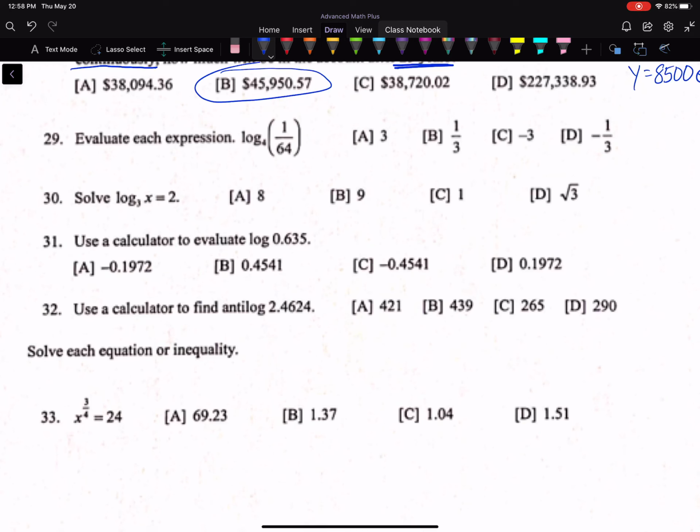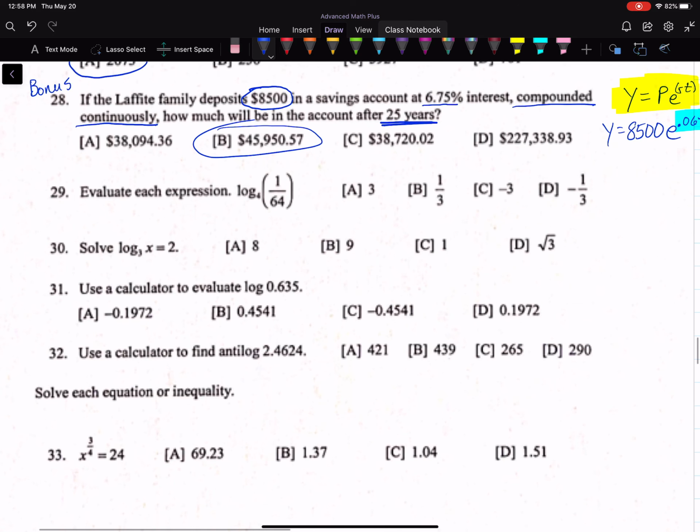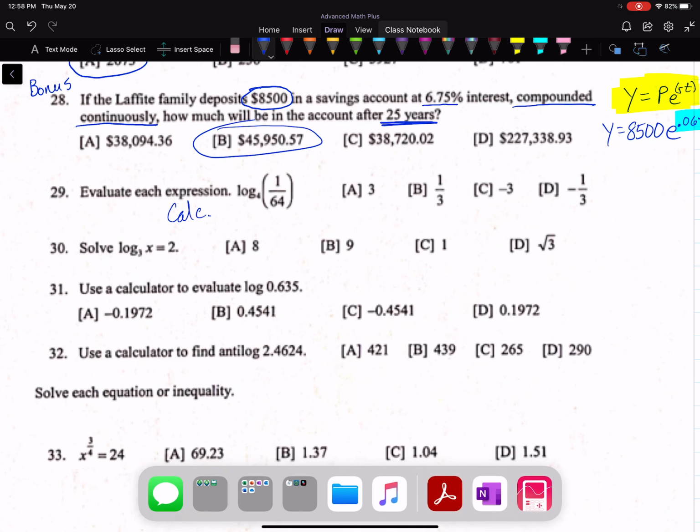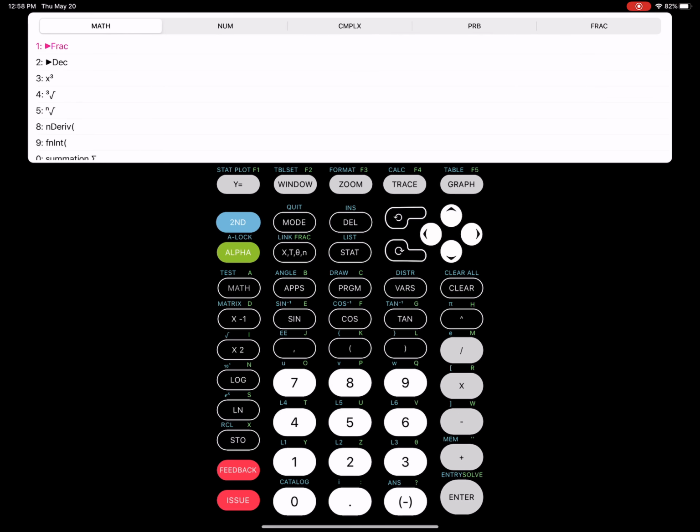All right. 1, 2, 3, 4, 5. Last 5 are logs. Okay. I saved the easiest ones for last. So 29 says evaluate log base 4 of 1 over 64. So on your calculator, this is a calculator problem. All you do on your calculator, go to math, scroll up to log base, and it was a base 4 of what?